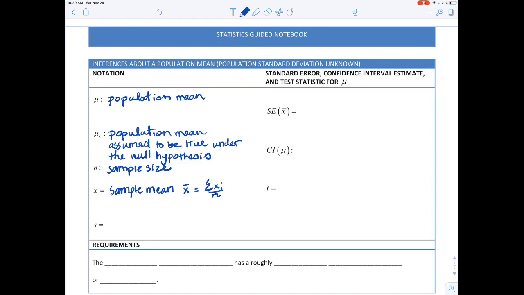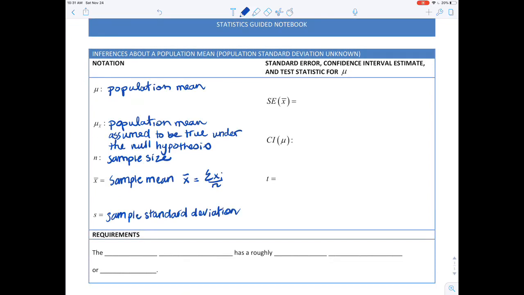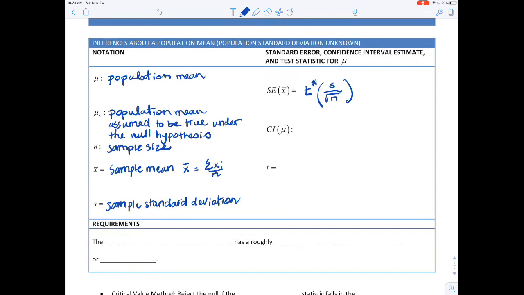And then S is the sample standard deviation. The standard error of x bar is going to be your t star times S divided by the square root of n. So we're still dealing with central limit theorem stuff.